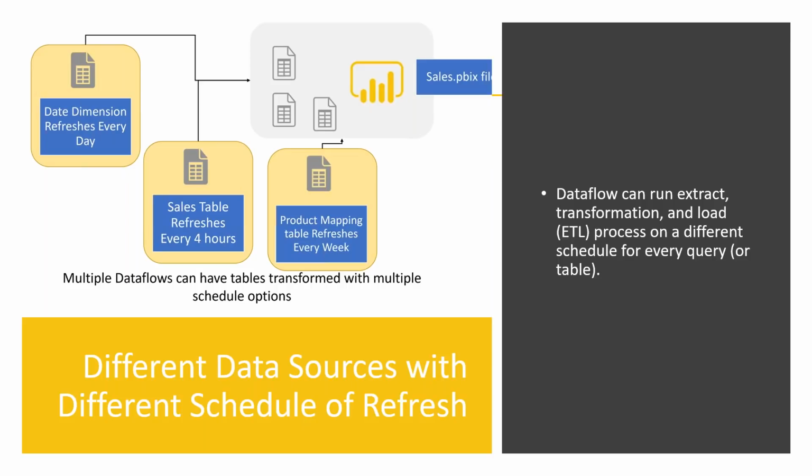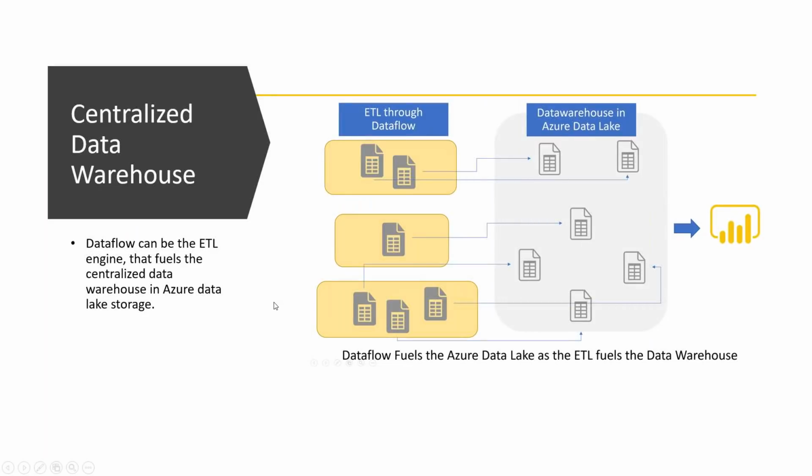Right now, if you have all of these three in one Power BI file, when you set a refresh, you set a refresh at the file level. You cannot refresh one query at a time, right? But if you put these queries in separate dataflows, then you can schedule them to run on a different schedule as well, right? I'm just giving you ideas.